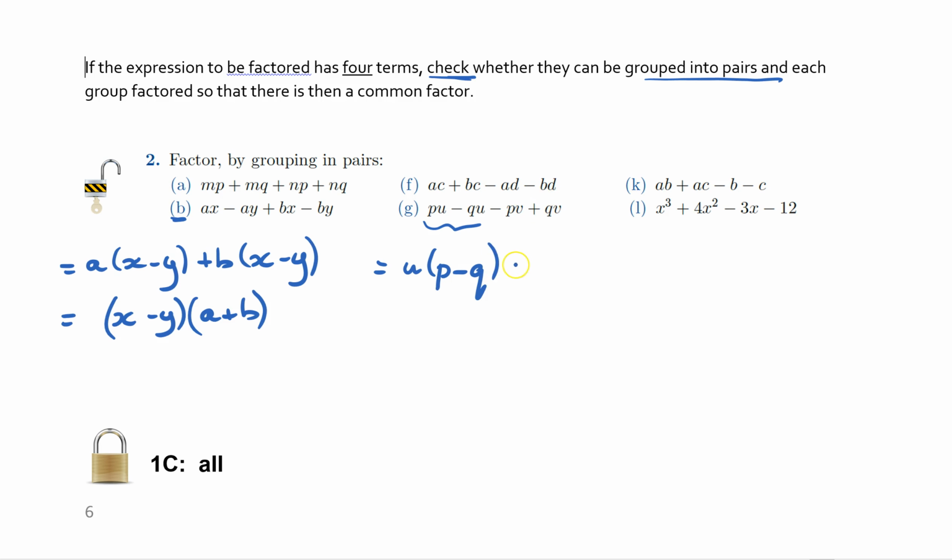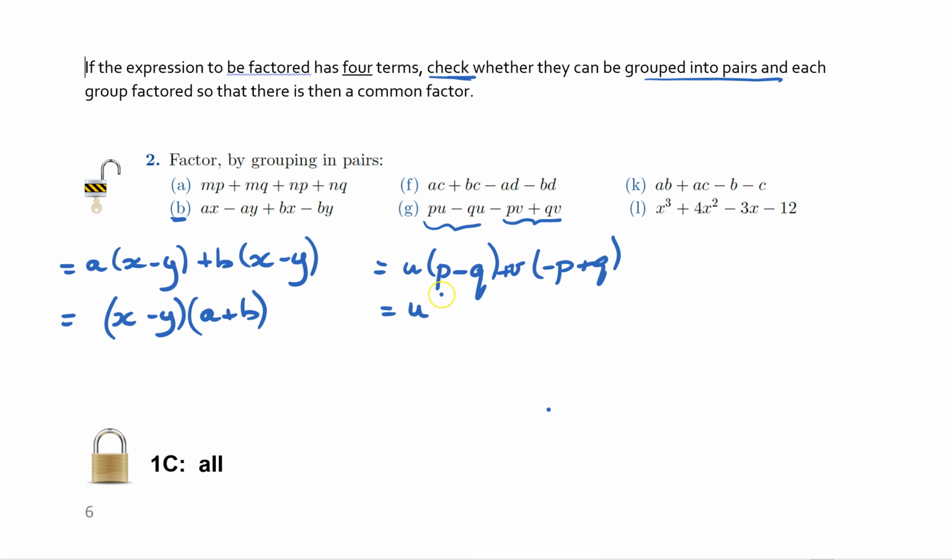Now if I just sort of blunder ahead for the moment, it's not what I would hope to do, but if I take v out, then I've got minus p from this bit and plus q from that bit. And I can see that this would be the same if the signs were swapped. So if this minus was a plus and this plus was a minus, I'd be set.